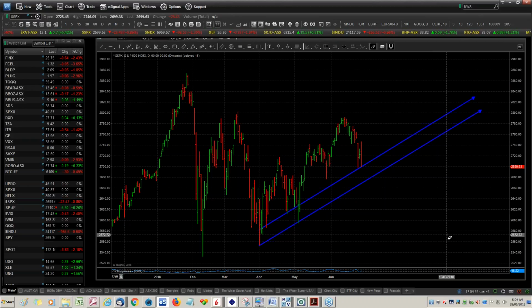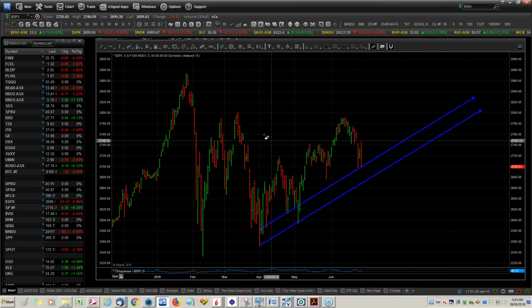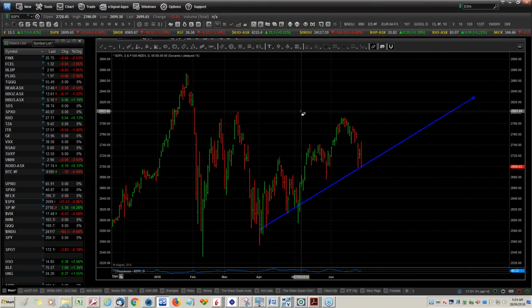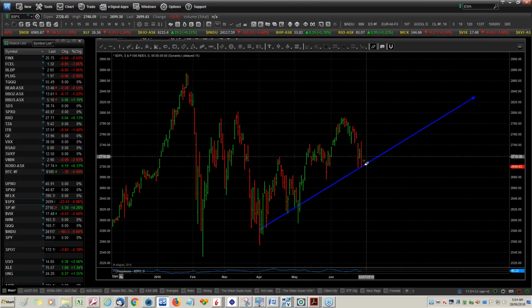I would suggest the first upper trend line, which I'm now going to get rid of the bottom one, is the most probable, but not definite, point at which the market is going to start to find some support and bounce. It is at this point a logical place for the market to make a move.